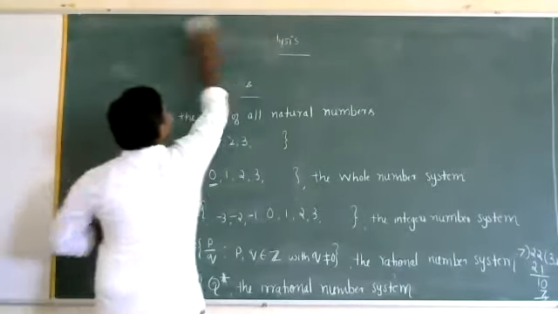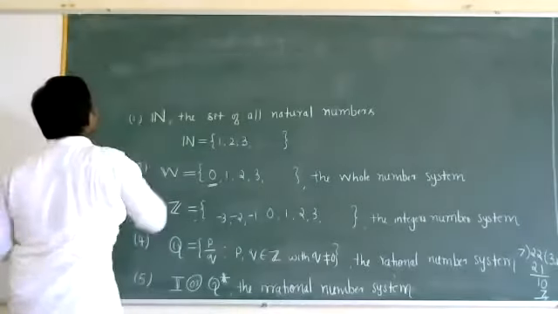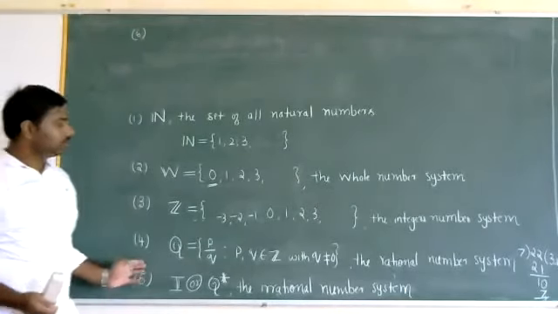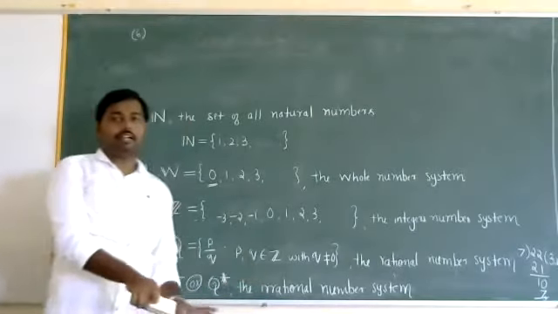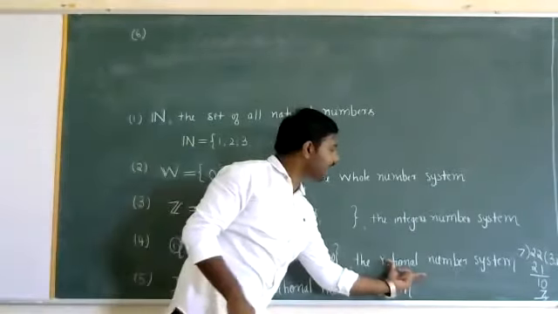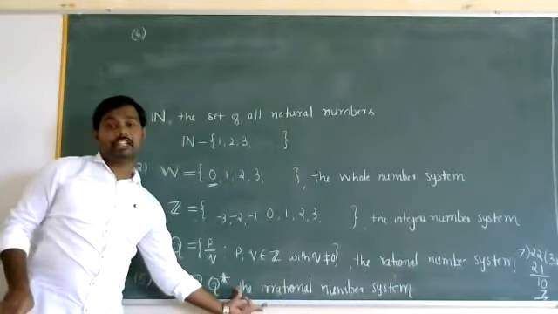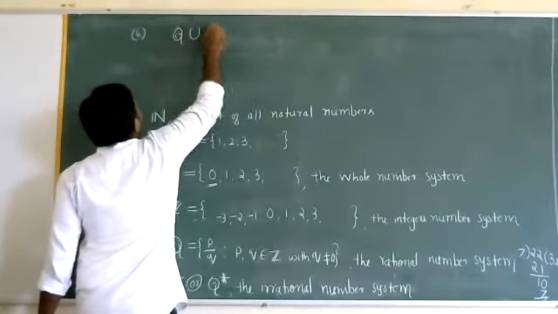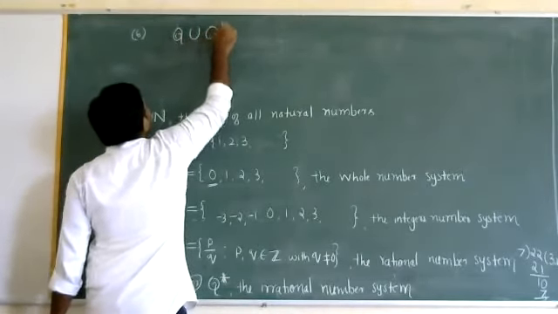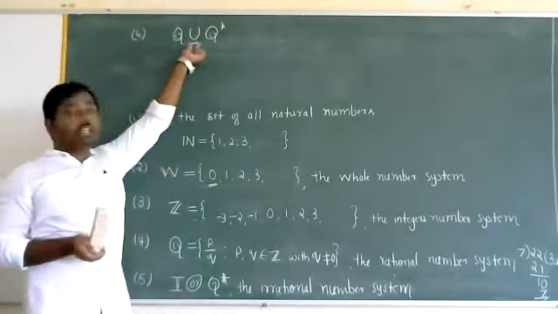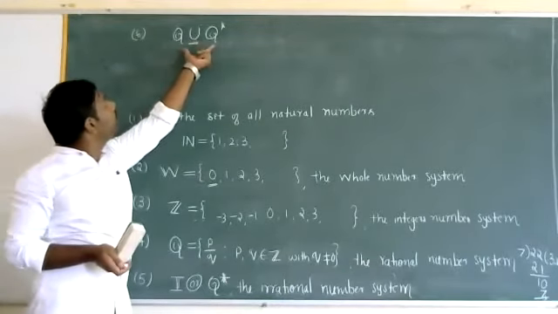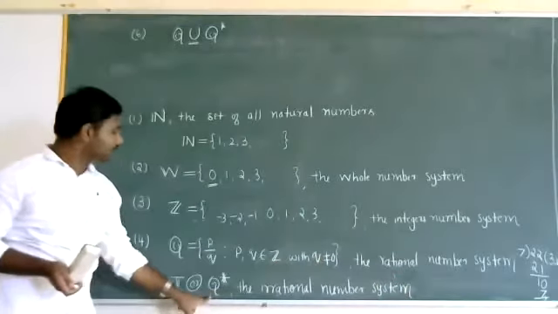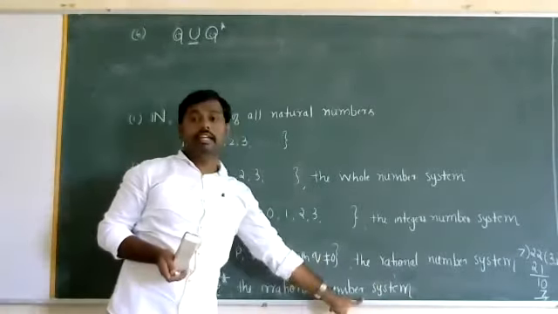What we'll do is combine the rational numbers and the irrational numbers. This is the set union representation. Q is the set of all rational numbers and Q star is the set of all irrational numbers.